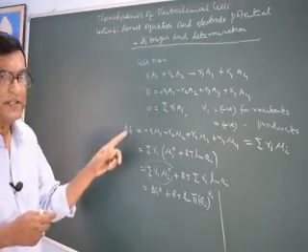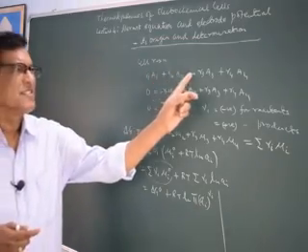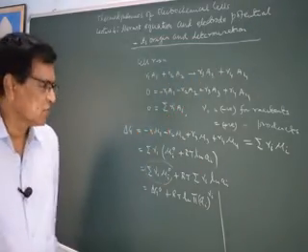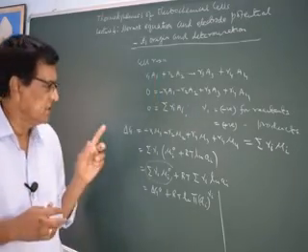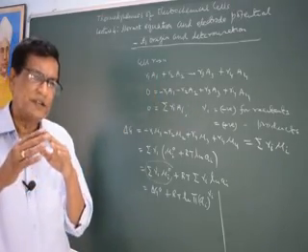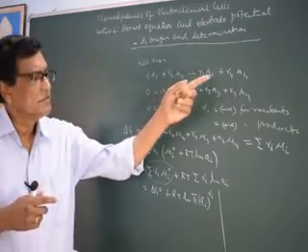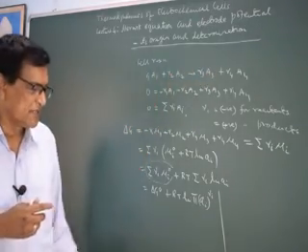When it is negative, this cell reaction occurs spontaneously in the forward direction. When it is zero, this cell reaction is at equilibrium. Whenever delta G is positive, then the back reaction is spontaneous.